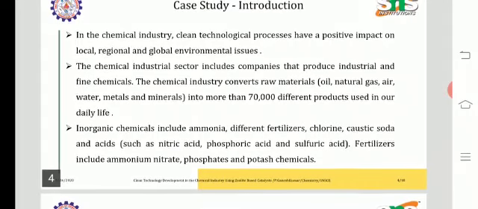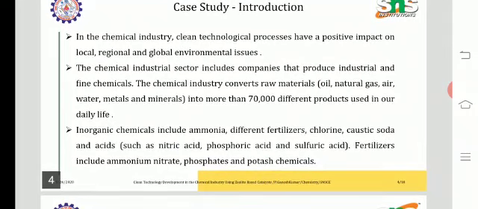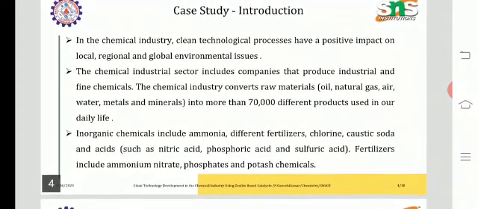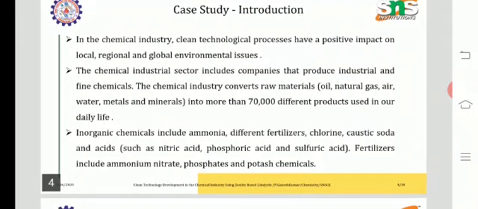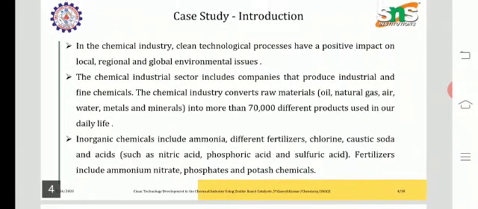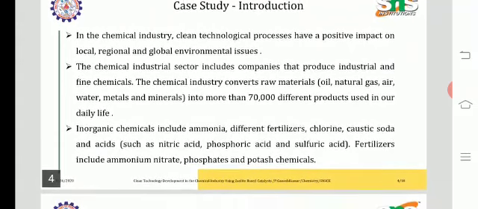The chemical industrial sector includes the companies that produce industrial and certain chemicals. Chemical industries convert raw materials: crude oil is processed and converted into different things, petroleum, diesel, etc. Natural gases, air, purifying water, metal, mineral processing, etc., have some 70,000 different products that are used by us in our daily life.